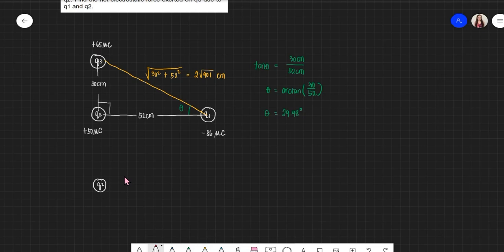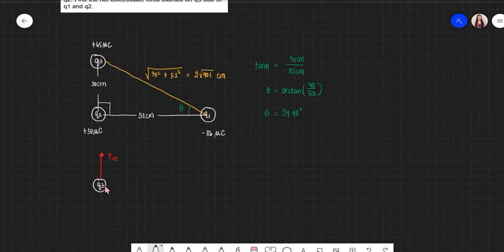So meaning the force exerted by Q2 on Q3 is directed away. So it is directed upward here. This is the force exerted on 3 by 2.